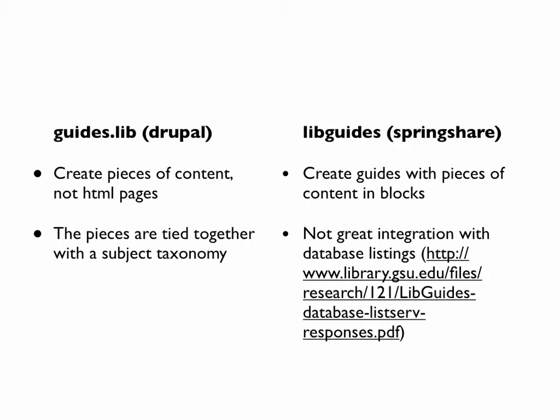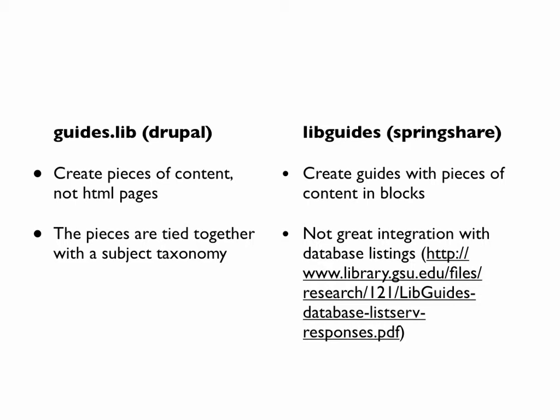What we have in guides.lib, the Drupal type system, is all based upon pieces of content, not creating HTML pages. Those pieces of content are tied together with a subject term. It's all based on a subject taxonomy. With LibGuides, it's a different approach.